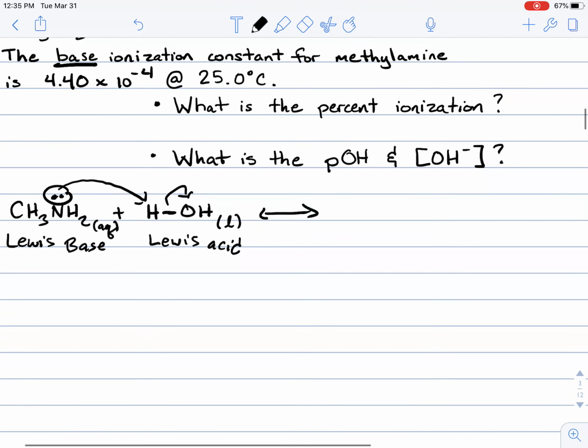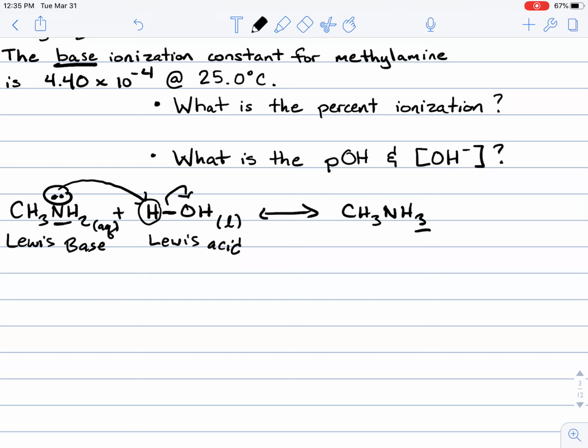All right, and so when we write the products for this chemical reaction, we're going to get CH3NH3. So here in this case, since we're taking this hydrogen and placing it on the nitrogen of methylamine, we're going to get 3 hydrogens instead of 2.